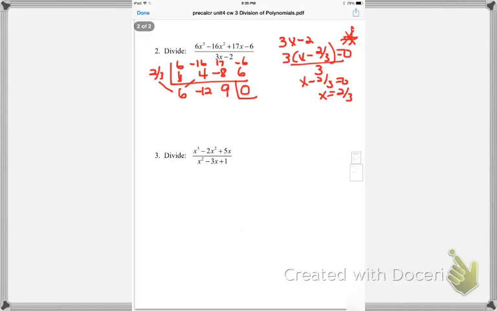So our front end says x cubed over x. This is going to start with an x squared, then an x, then a regular. Now, because we divided by 3 over here, we have to divide everything over here by 3 as well.